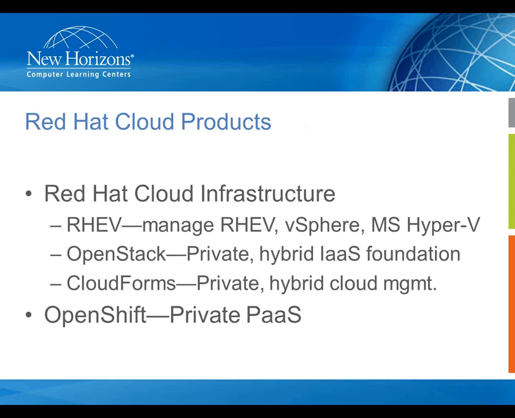Red Hat then puts together products for the cloud, and their main piece is called the Red Hat Cloud Infrastructure, and this includes Red Hat Enterprise Virtualization, RHEV, OpenStack, and CloudForms. I'll talk a little bit more about each one of those shortly, but OpenStack allows you to create and set up the infrastructure as a service, both private and hybrid, and then CloudForms is a way to manage that sort of cloud once it's been set up.